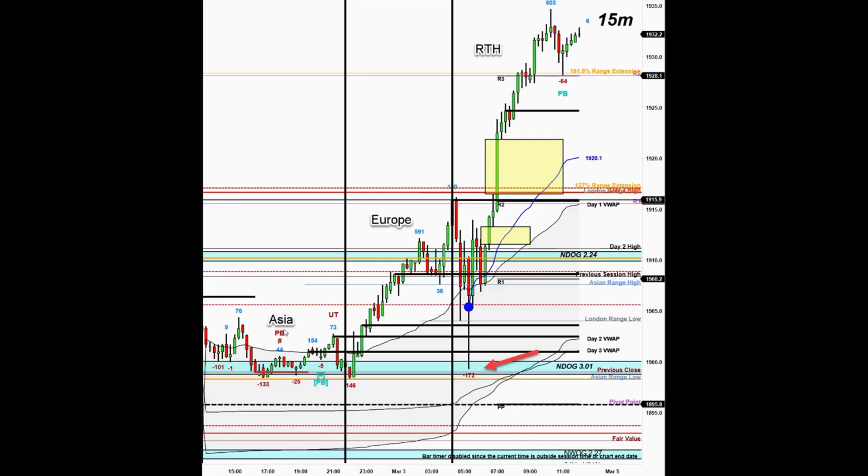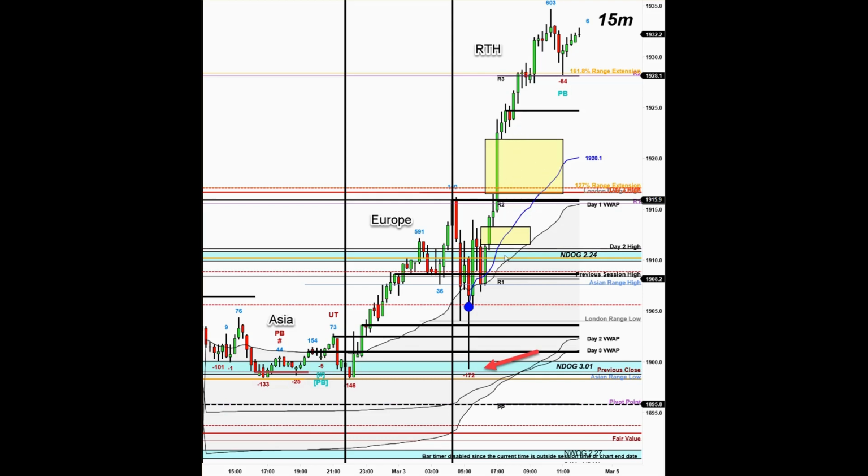You can see the 3 time zones: Asia, Europe, RTH, and this red arrow here in the RTH is that wick, the candle wick that tagged this new day open gap of March 1st. So again, this is a key level here for March because it started the month. And then you can see some fair value gap blocks where this trend day just took off.